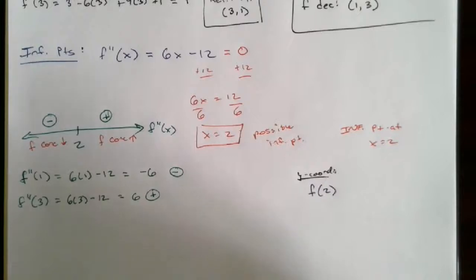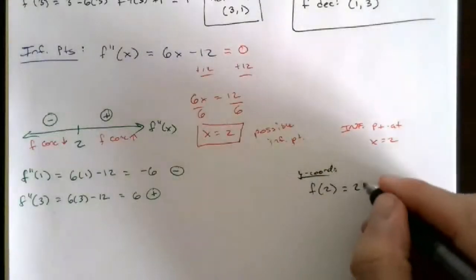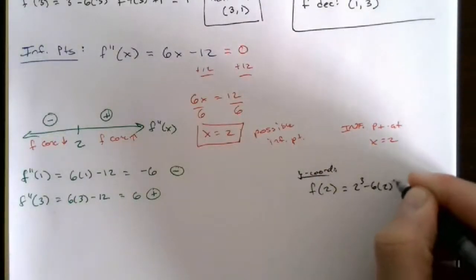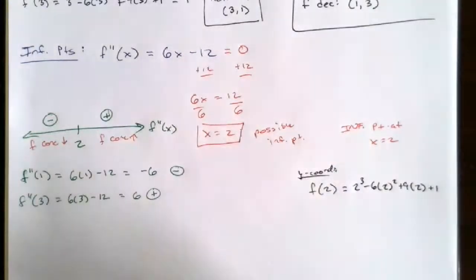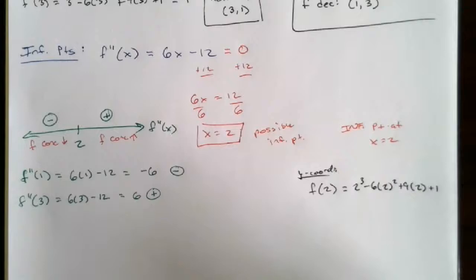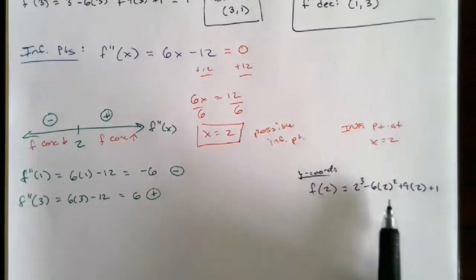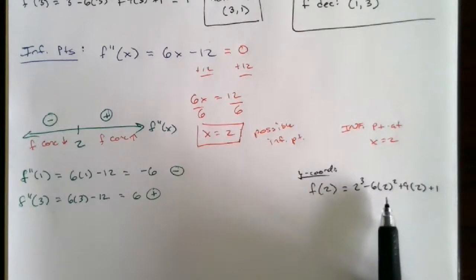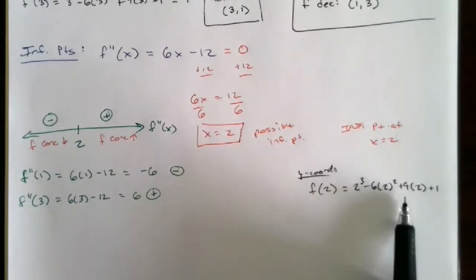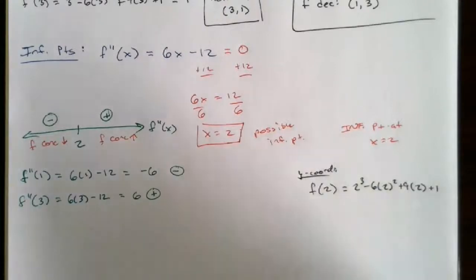So substituting that in, you would have 2 cubed minus 6 times 2 squared plus 9 times 2 plus 1. I would like to see this part, but you don't have to show me all the algebra that goes into evaluating that. 2 cubed is 8 minus, this will be 6 times 4, so 8 minus 24 gives us a negative 16, plus 18 would be 2 plus 1. This gives me 3.